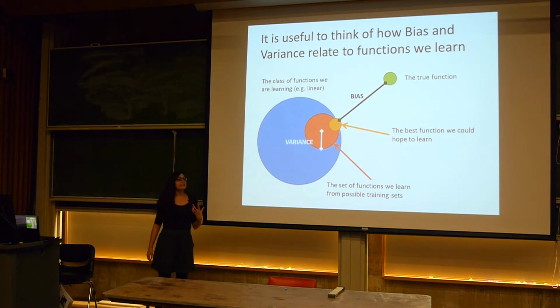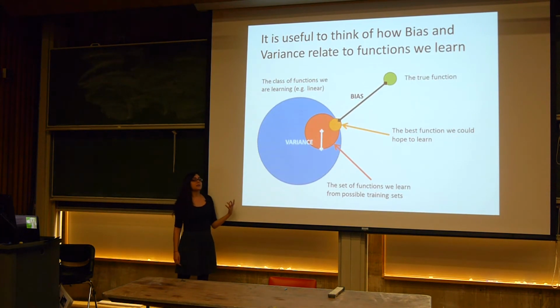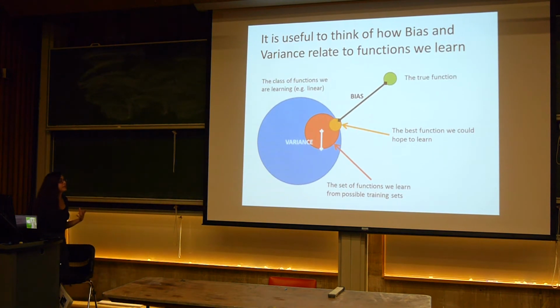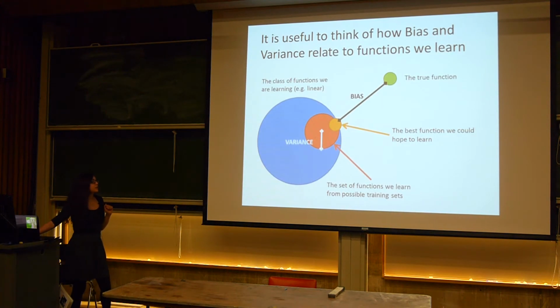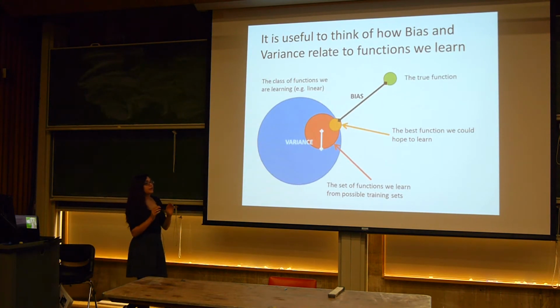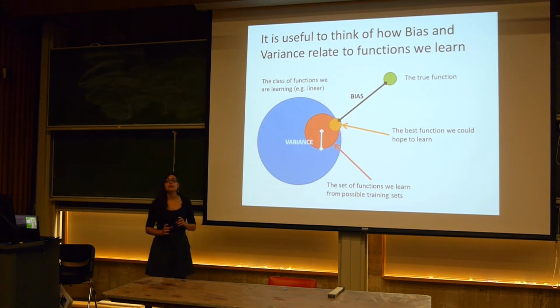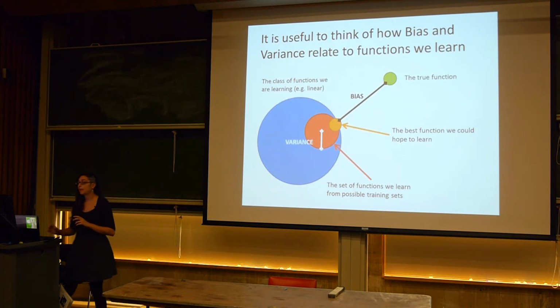And because we have finite data, the variance really matters, right? Because we're only seeing a small subset. We don't want to overfit to the subset we have. So when we think about overfitting or underfitting, bias is how much am I underfitting, and variance is how much am I overfitting to my training data.